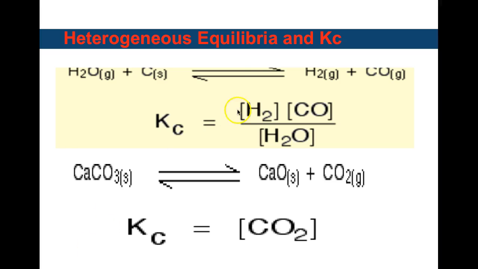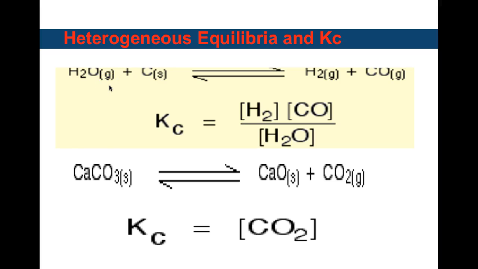Okay, heterogeneous equilibria and Kc. So heterogeneous equilibria is where everything is not in the same phase, all right? So you have H2O, which is steam in the gas phase. You have carbon in the solid phase reacting to form hydrogen also in the gas phase, and carbon monoxide in the gas phase. In the equilibrium expression, no solids or liquids are included because solids and liquids are not subject to changes in concentrations.